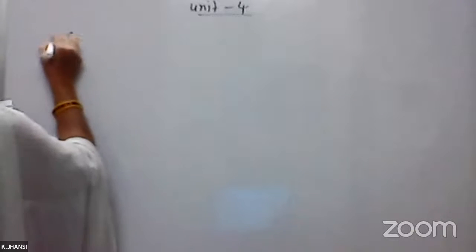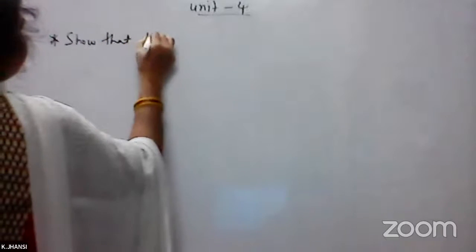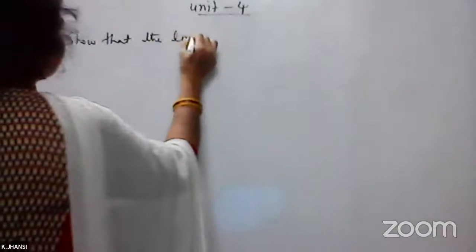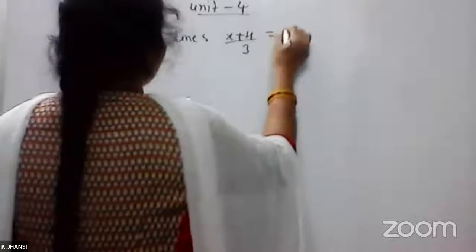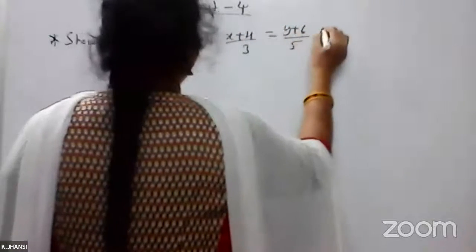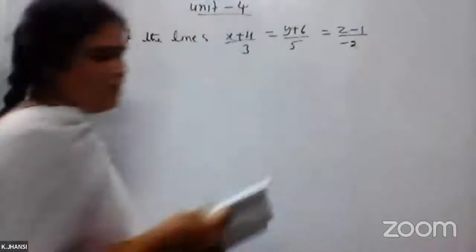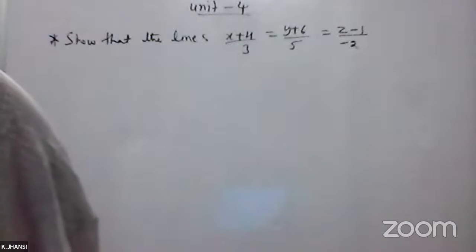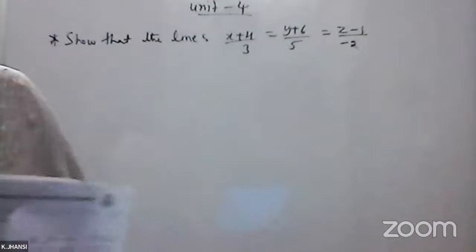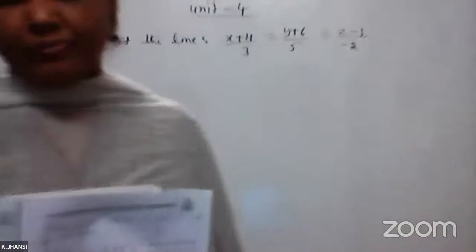Show that the lines (x plus 4) by 3 equals (y plus 6) by 5 equals (z minus 1) by minus 2. If you see this question in your textbook, it is the 10th problem.